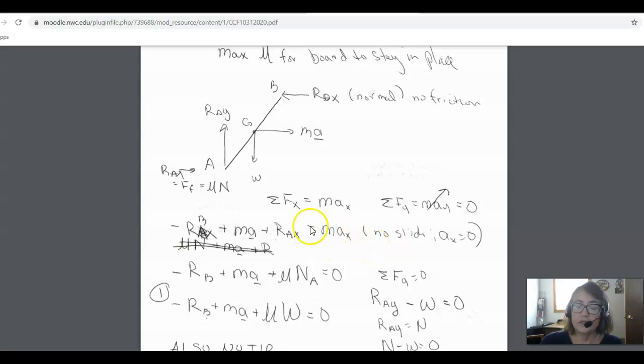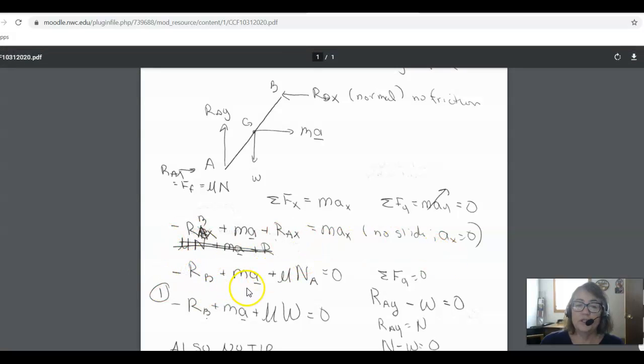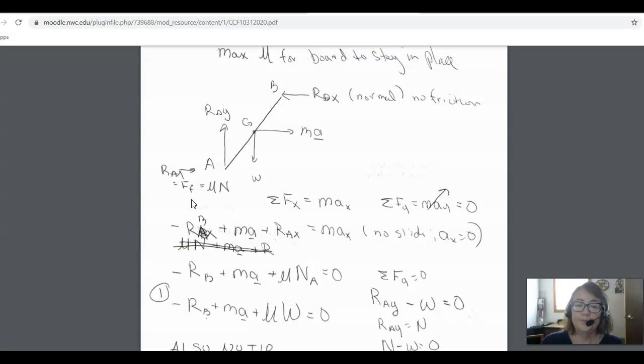For no sliding to occur, that acceleration in the x direction has to be 0. So the equation reduces to this, where the reaction A in the x direction I can recognize is a frictional force. All right, so I substitute in mu times the normal force at A.